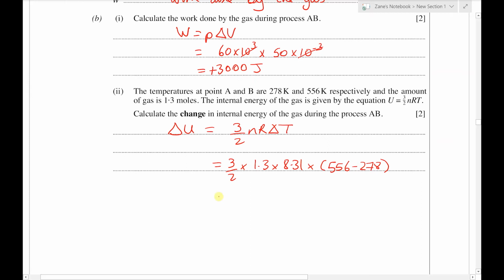Now that comes out as just over 4,500 joules, 4,504, but 4,500 will do.